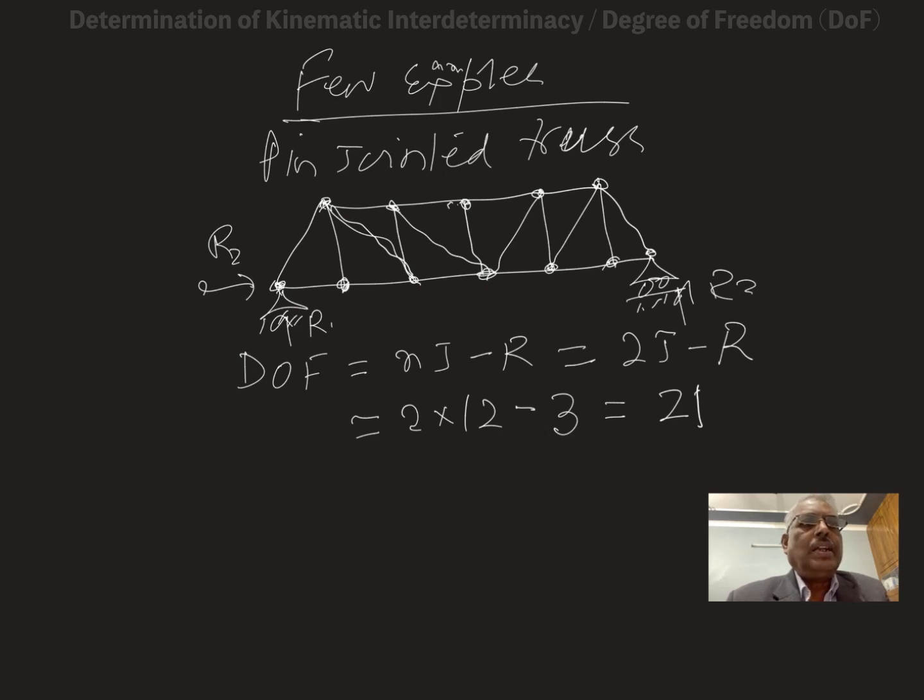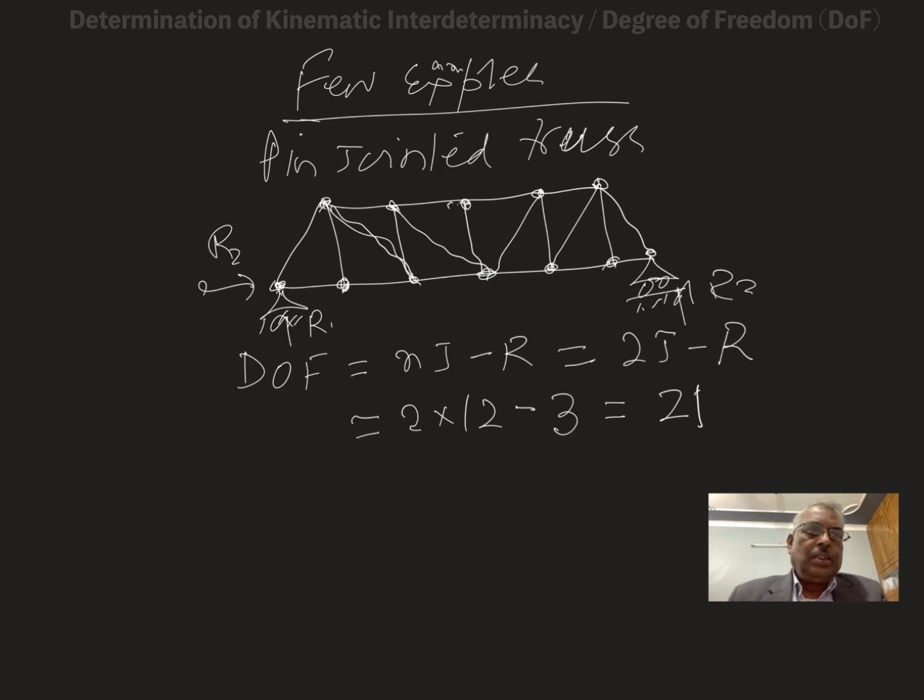Let us count: 1, 2, 3, 4, 5, 6, 7, 8, 9, 10, 11, 12, 13, 14, 15, 16, 17, 18, 19, 20 and 21. So there are 21 members and 21 degrees of freedom. If it is a statically determinate structure, then you can count the number of members; that will be the degrees of freedom, because each member gives either extension or compression. So in this way the degree of freedom can be found out.